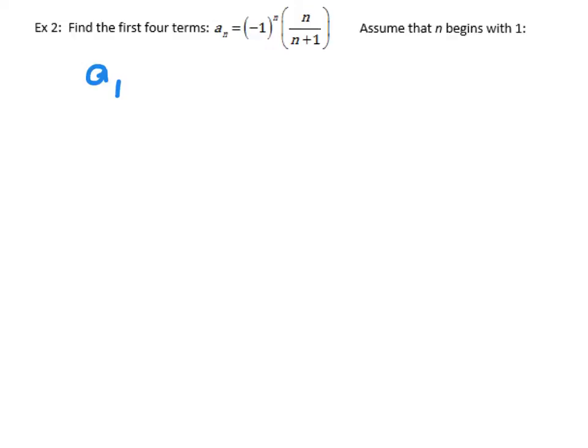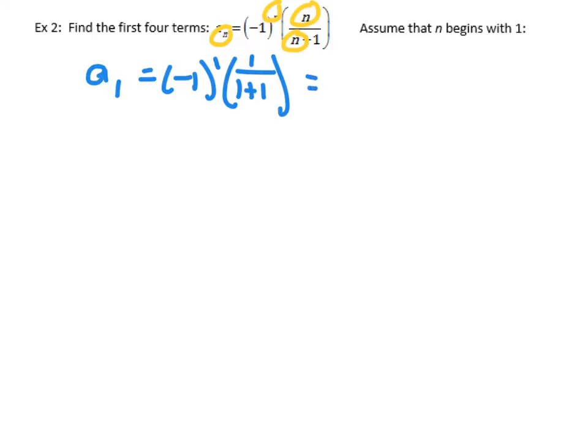Anywhere you have an n, here, here, here, and here, you're going to fill in 1, and then 2, and 3, and 4. So my a sub 1 is negative 1 to the first power times 1 over 1 plus 1. Negative 1 to the first power is just negative 1 over 1/2. So my first term is negative 1/2.